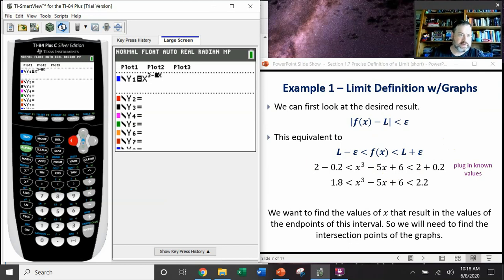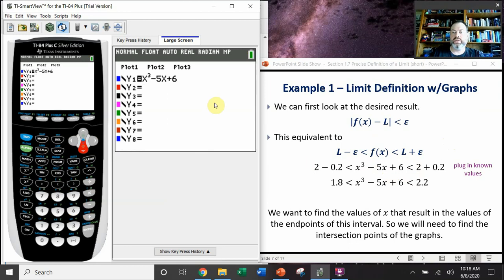Oop, messed that up. Let's try it again. X cubed minus 5x plus 6. Then you want to type in L minus epsilon, which is 1.8. Then you want to type in L plus epsilon, which is 2.2.